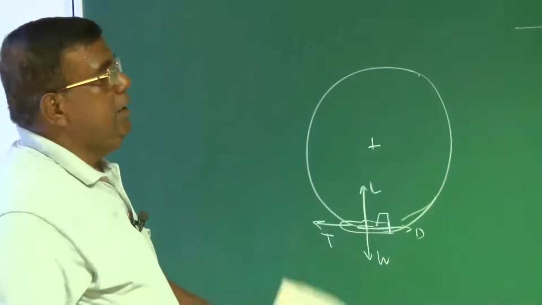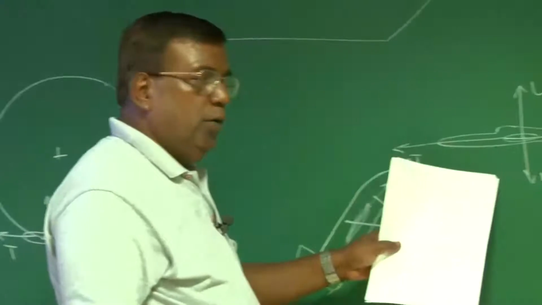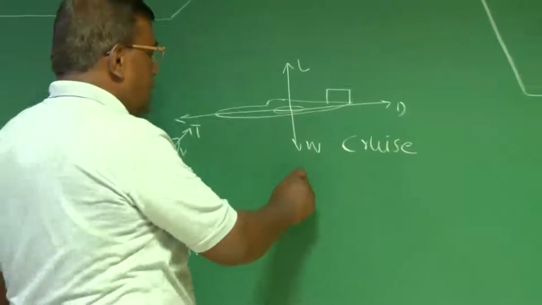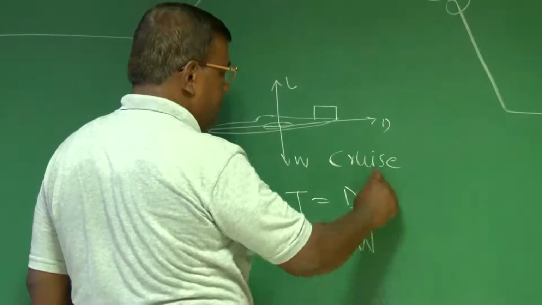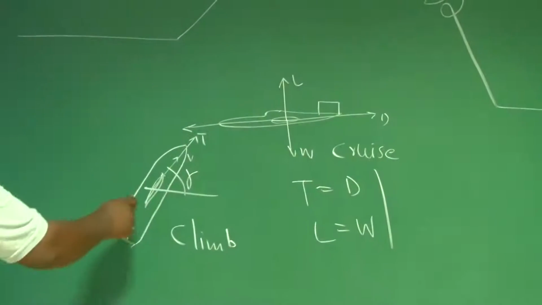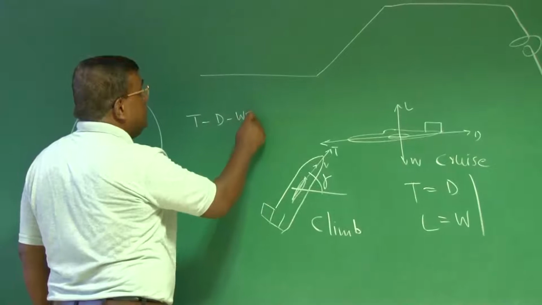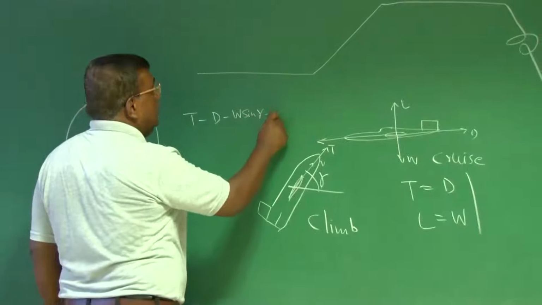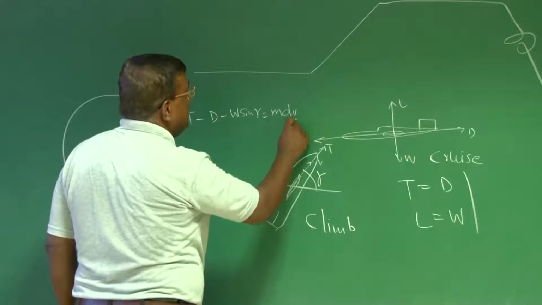If you see these three diagrams, the moment I try to focus here, I write thrust equal to drag, lift equal to weight. And when I focus here, I write T minus D minus W sin gamma equal to m dV by dt.